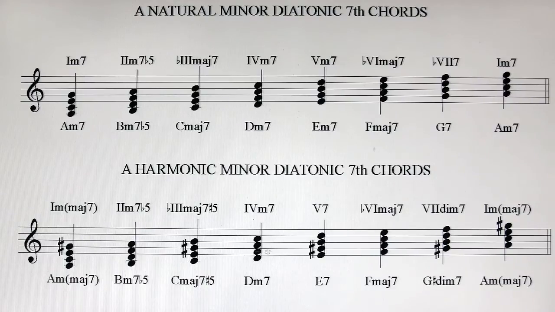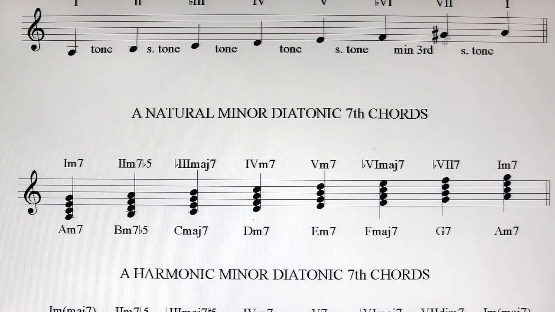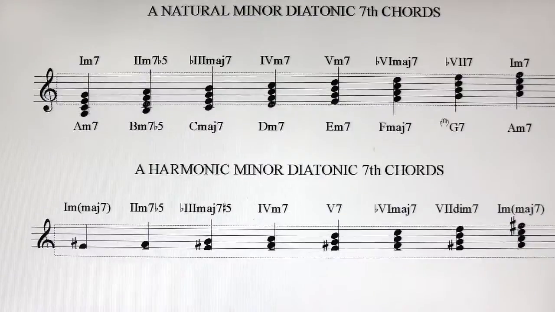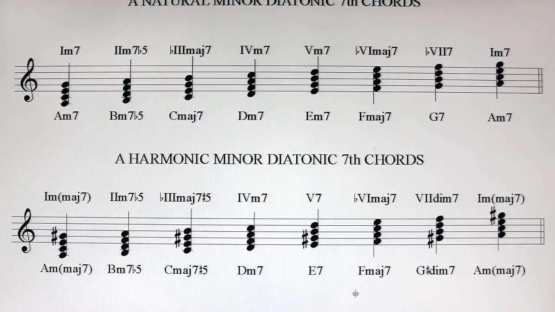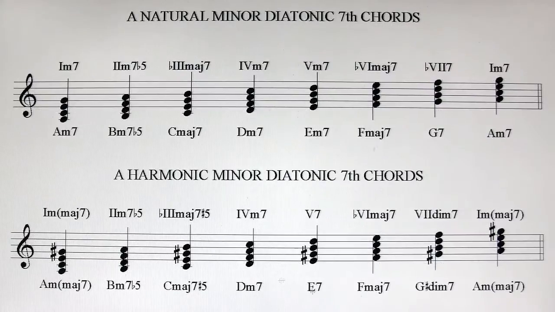Okay, now because of that alteration that we had on the 7th degree, we're now looking at this set of chords in harmonic minor, and we can see that it's made a massive difference to these chords, because now, because of the G sharp, these chords that did feature G natural before have now all become G sharps.